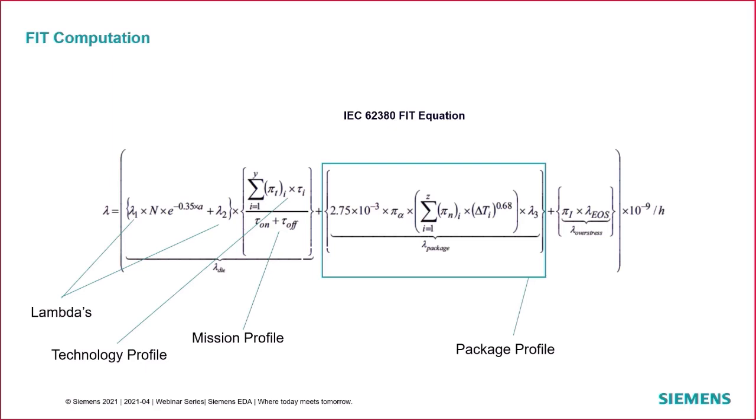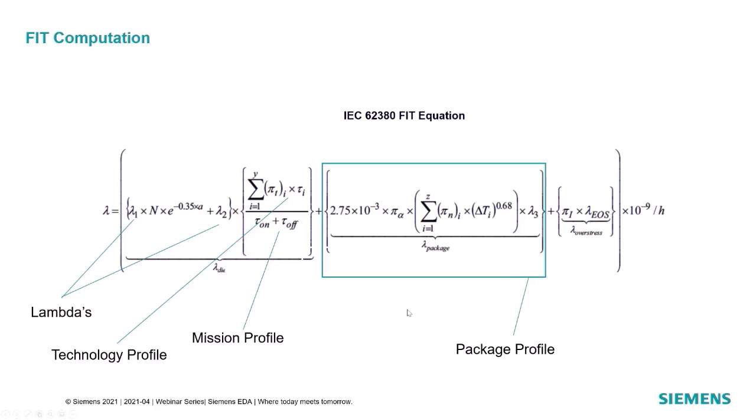In our case, we have default values coming from the standard, but you can always use your fabrication or foundry data to override these default values and then calculate the overall base failure rate based on the custom profile settings that you have. Oh, that's good to know. Okay.